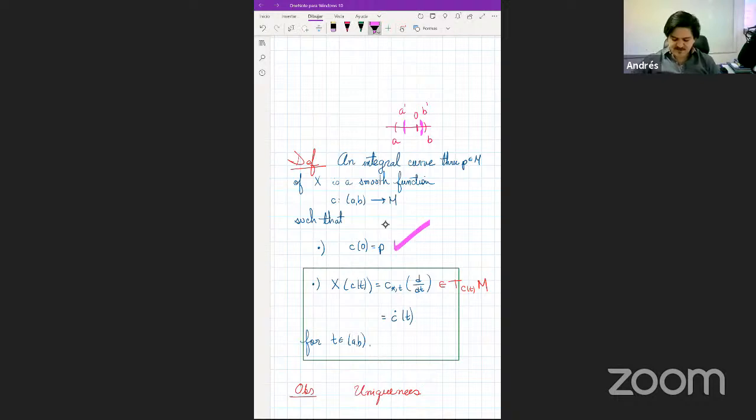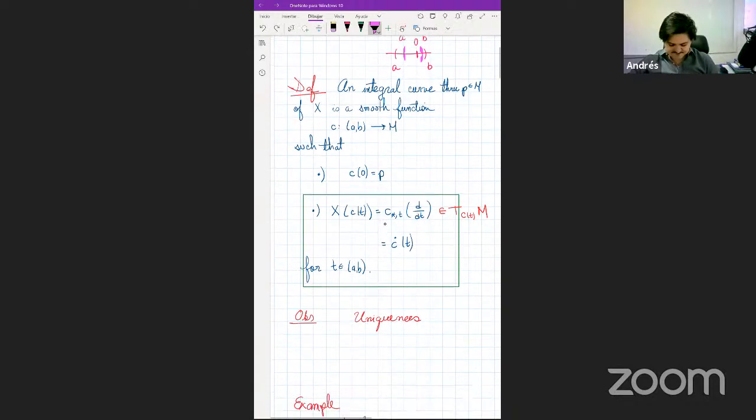It will satisfy this and this, but as functions, they are different because the domains are distinct. This is just what I wanted to clarify in terms of uniqueness. And also, it will be important in some other aspect that we will see.